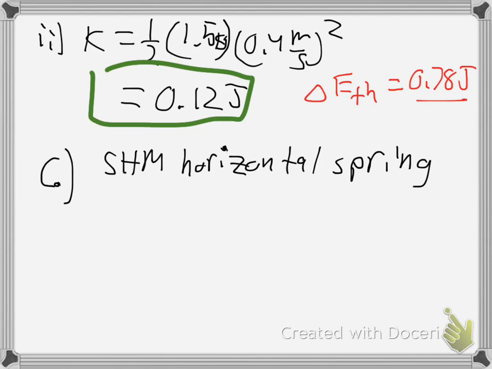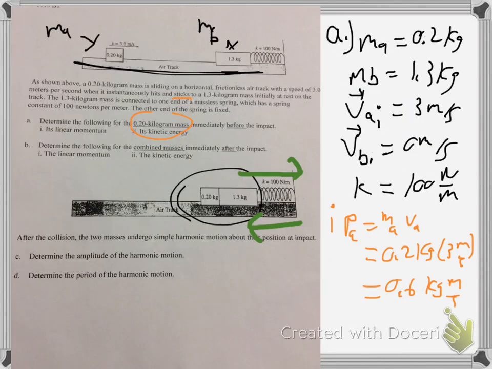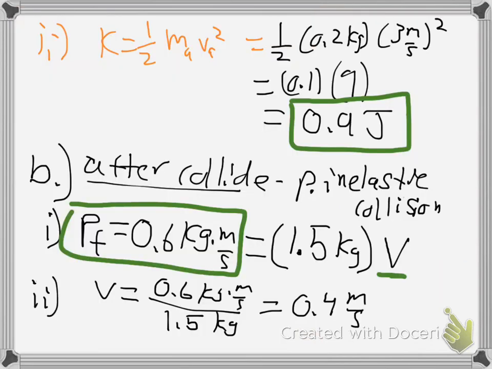So the way I'm going to approach this one is with energy conservation. Once again, energy is so important to understand. This makes so many questions very, very easy. So remember, this is moving with that velocity that we found of 0.4. Right now, this spring is at its equilibrium position.